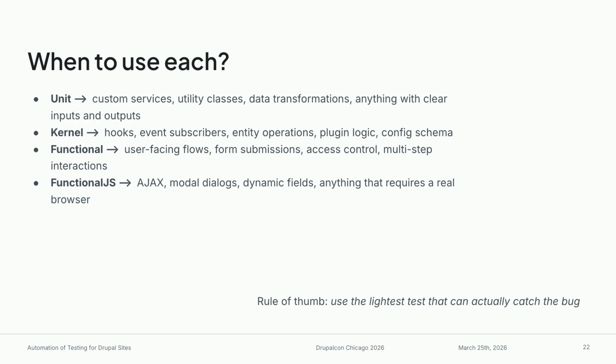If what you are worried about is an editor filling out a form and then the right content showing up on the page, that is functional, right? We want to make sure an action happens and we get a certain result. So we go with functional tests. And if any of that involves JavaScript interaction, like a dropdown that is populated with Ajax or something like that, then we will go with functional JavaScript.